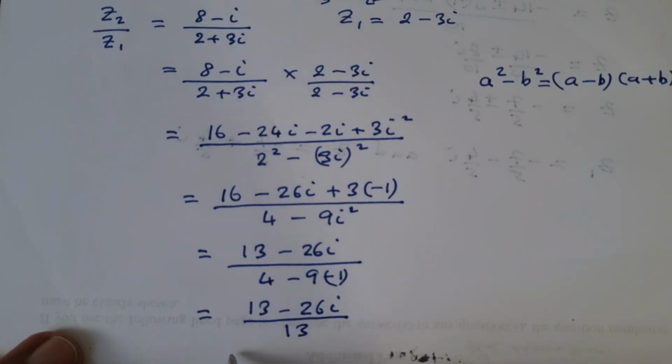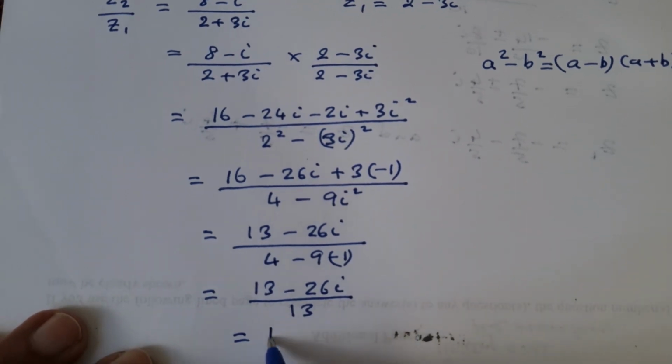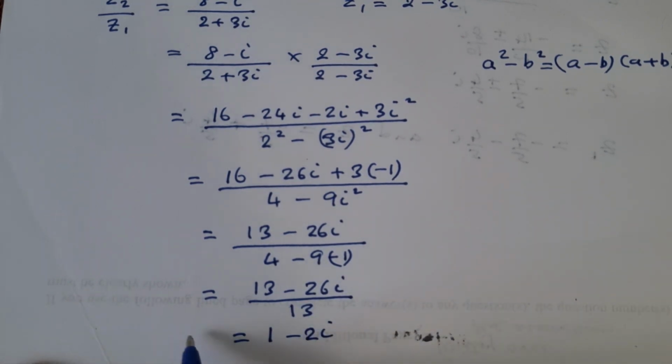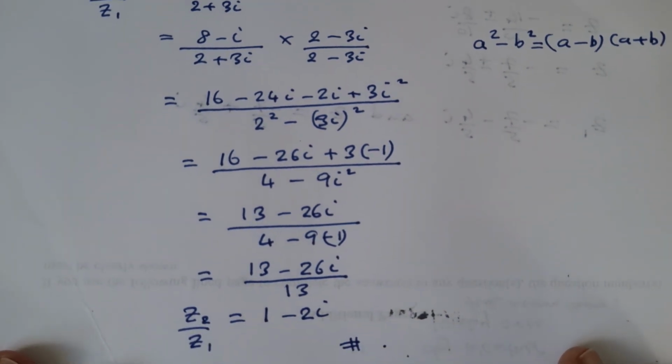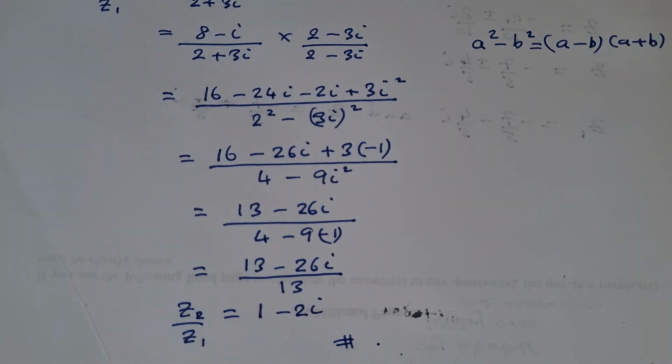And basically I'm saying then that this is going to be 13 divided by 13 is 1, okay, and then minus 26 over 13 is 2, and you got the i there. So this is your Z2 over Z1. Right, so this is how we perform a division that involves complex numbers with imaginary as well as real part.